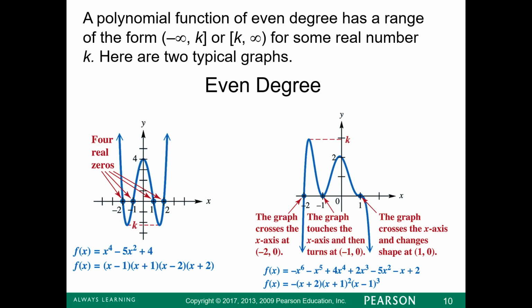Right? And so if you look at the second one, the graph crosses the x-axis at (-2, 0), and the graph touches the x-axis and turns at (-1, 0). The graph crosses the x-axis and changes shape. Changing shape means, you guys know that?